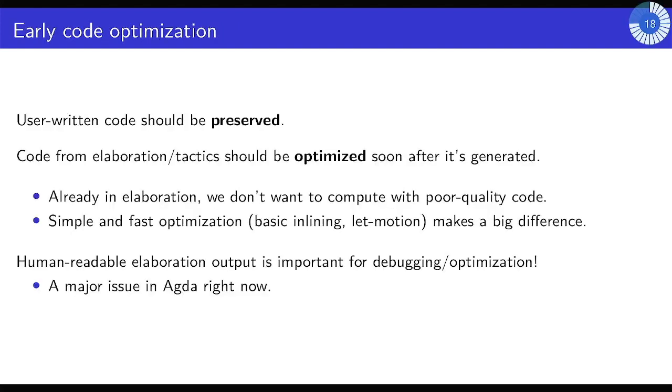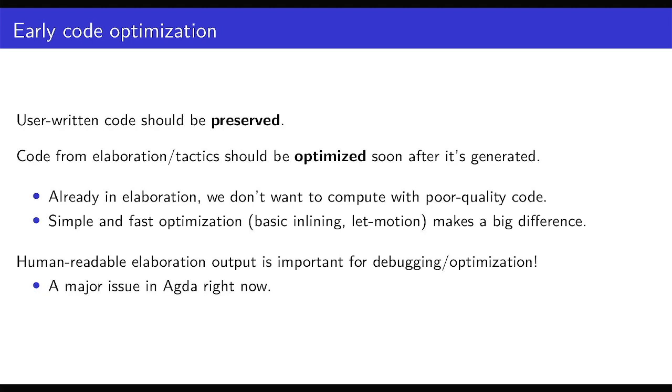And so this is the idea that when we are doing elaboration of dependently typed languages, we want to do some kind of early core optimization.